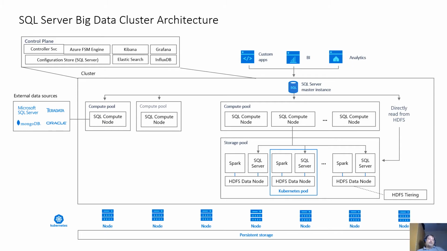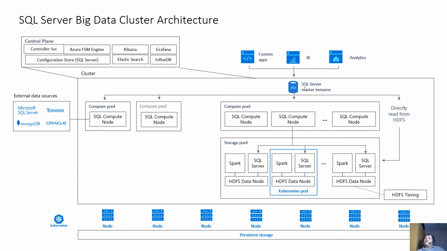Simple. When I create external tables to access these external resources here, and in HDFS, and inside HDFS tiering, the access will not be fast.